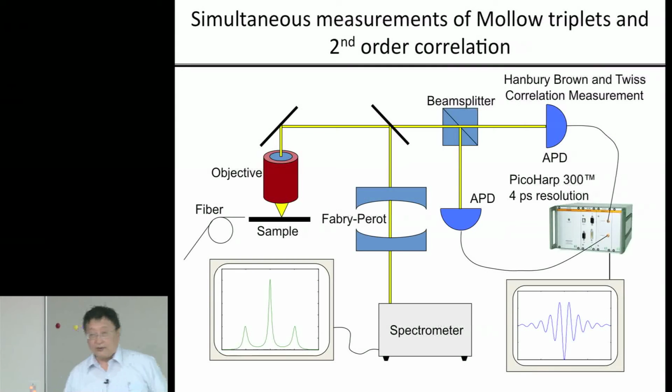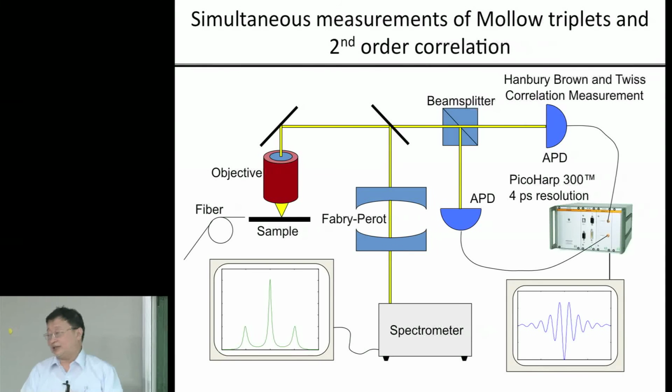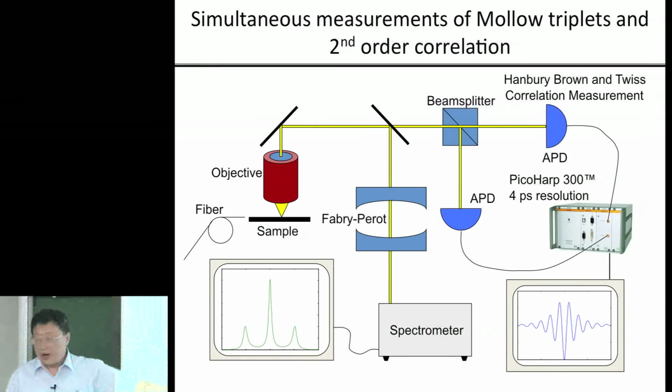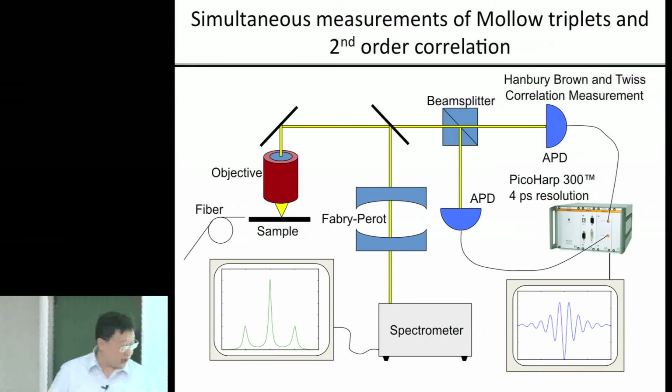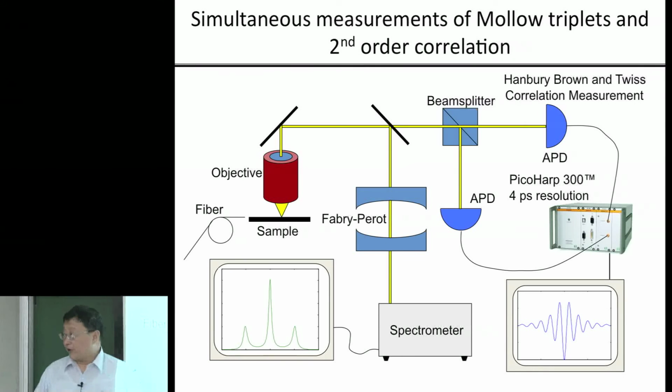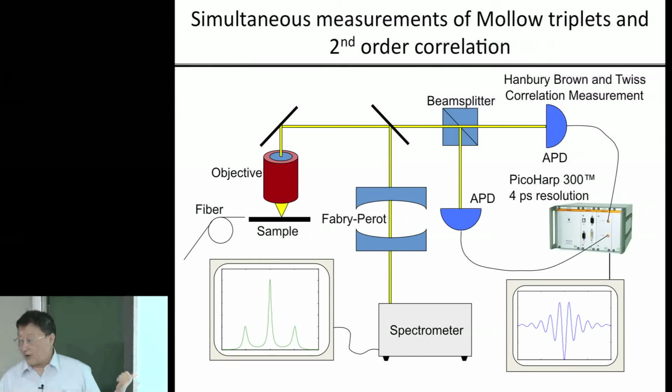Now, since we got criticized for looking at things in time domain, we decided, why don't we look at things in spectral domain, okay? So this is how we did it. You know the spectrometer only has a resolution of about 100 to 200 micro eV. And the triplet we are really looking at is only a few micro eV, 10, 20 micro eV apart.